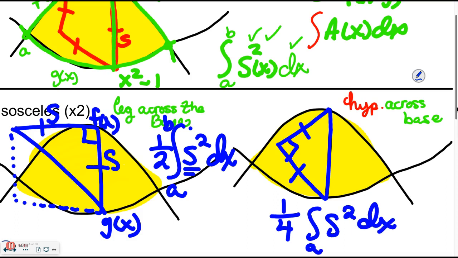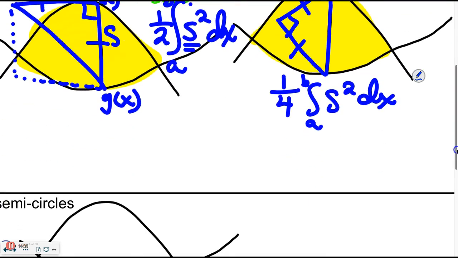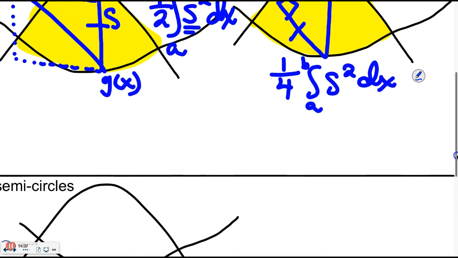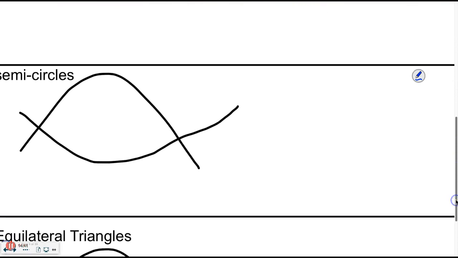If you want to think of it as half the square, but when the hypotenuse, sorry, this is looking really bad. When it's like this, and the hypotenuse is over here, it's 1/4 the square. And you can do a geometric proof of this, but I would just memorize that when the leg's across the base, half. When the hypotenuse is across the base, 1/4.